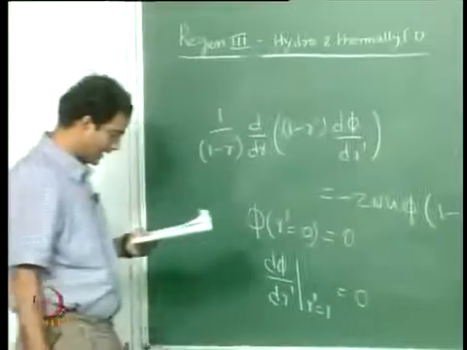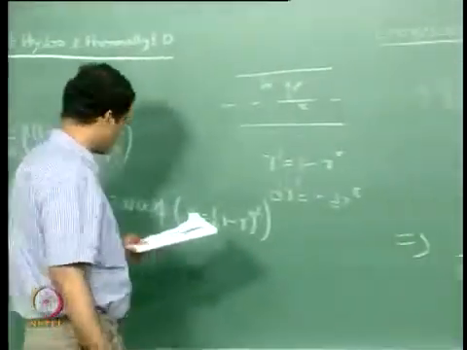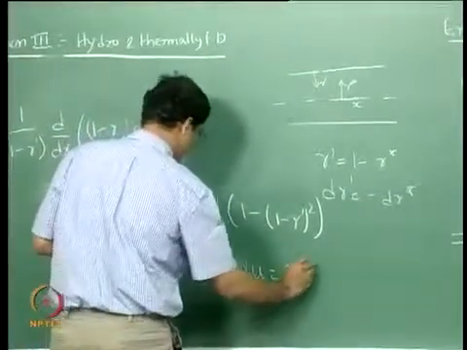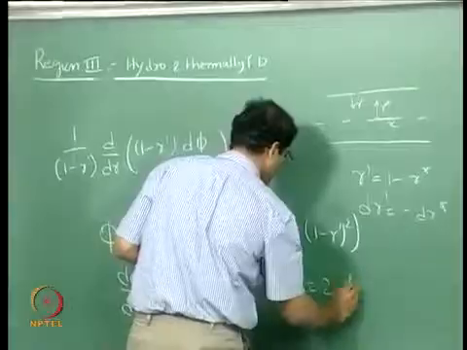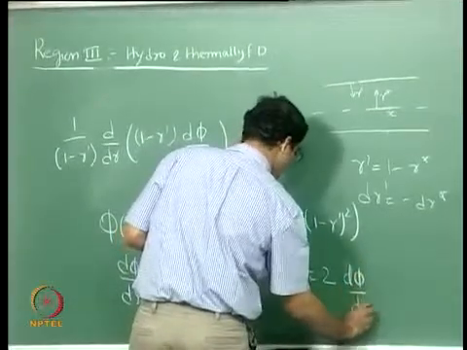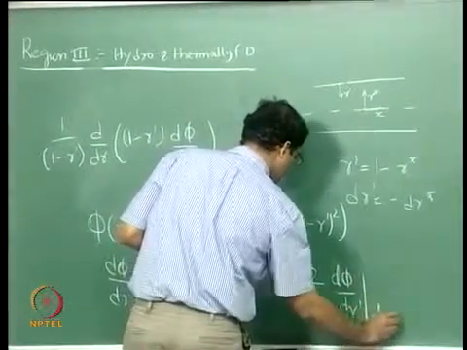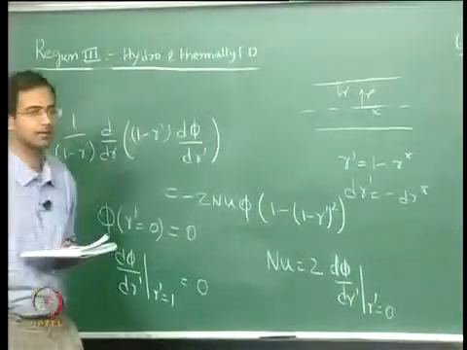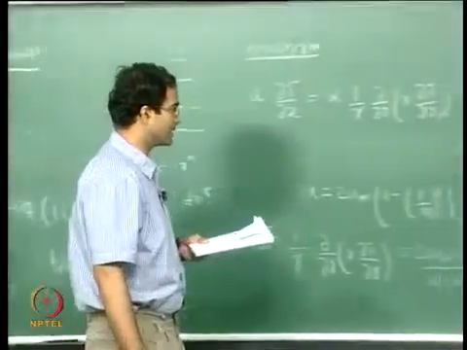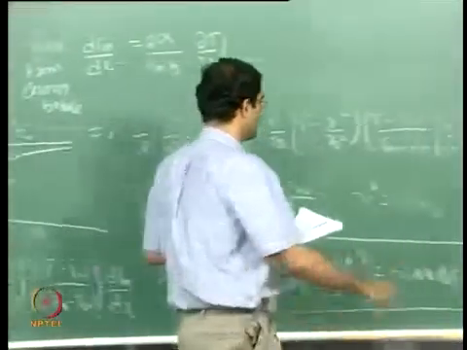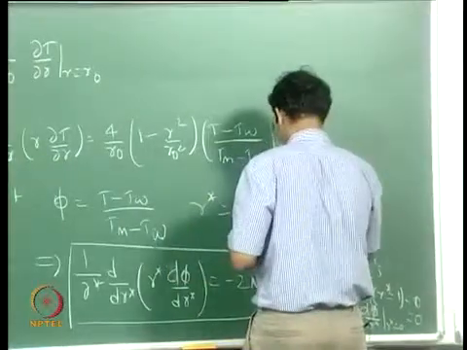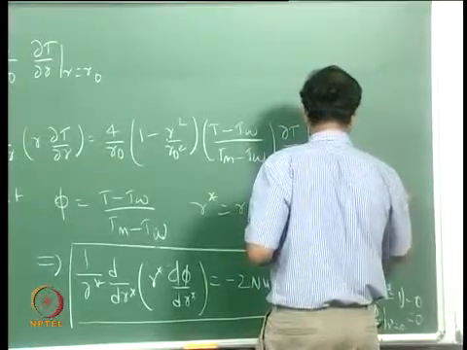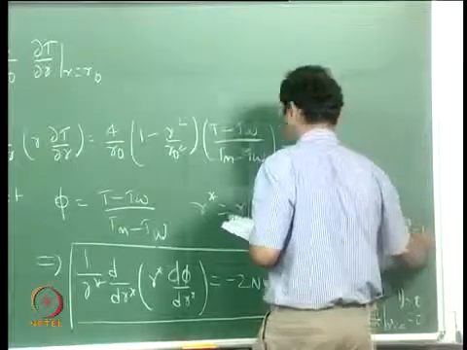Now here your Nusselt number is defined as twice d phi by dr prime at r prime equal to 0. This is how your Nusselt number is defined, correct. Earlier it was defined as minus twice d phi by dr star at r star equal to 1.